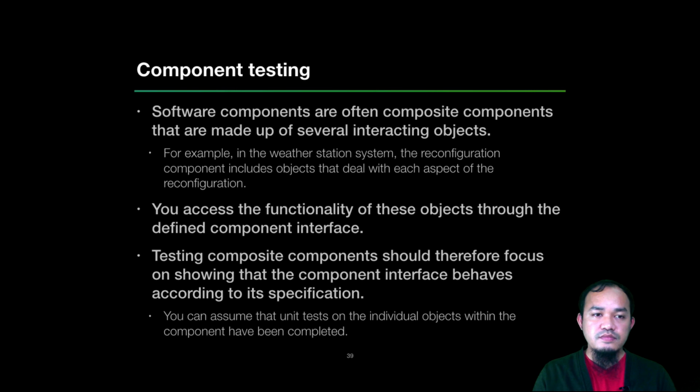We have an interface that provides function A, and an interface that provides function B, and functions A and B do some kind of job. So we need to make sure that the interface is doing the job well. This is what we call component testing.